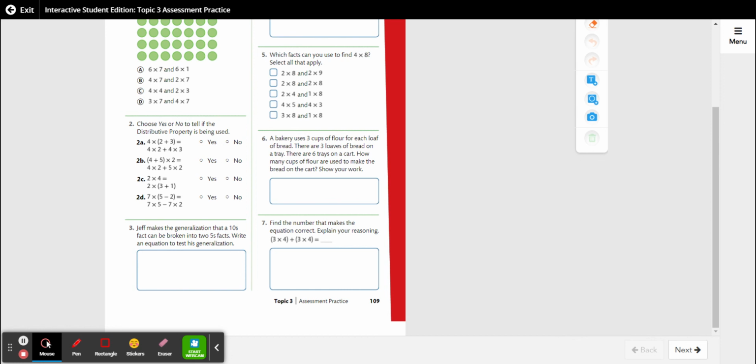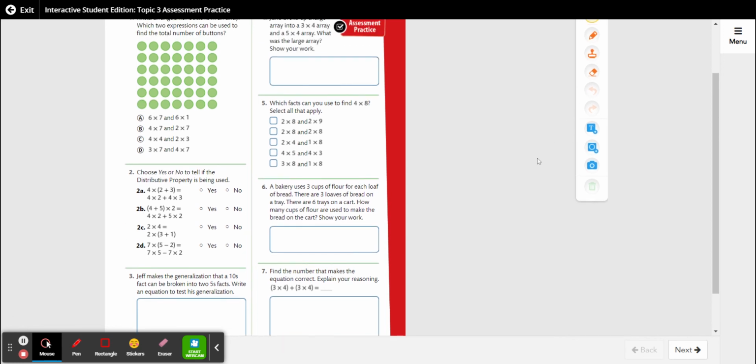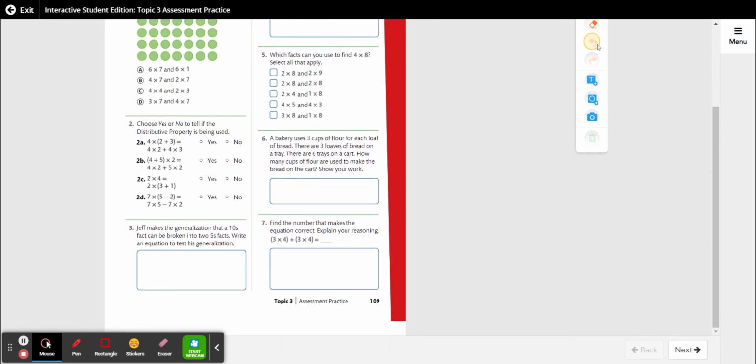Okay, so 3 times 4 plus 3 times 4. Here's how I'm going to explain my reasoning using numbers and symbols. I know that 3 times 4 equals 12.